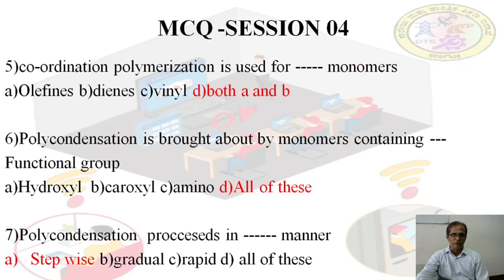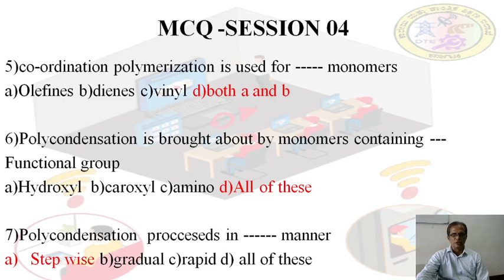Question number 5. Coordination polymerization is used for dash monomers: olefin, dienes, vinyl, and both A and B. For olefin as well as for diene compounds, we conduct this coordination polymerization reaction.